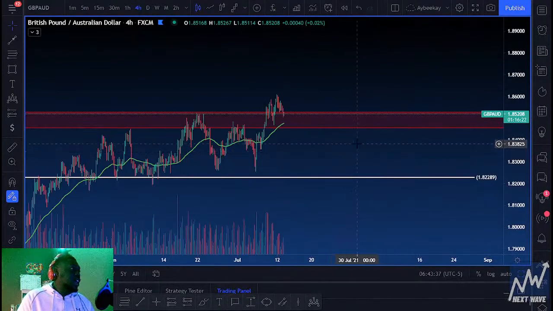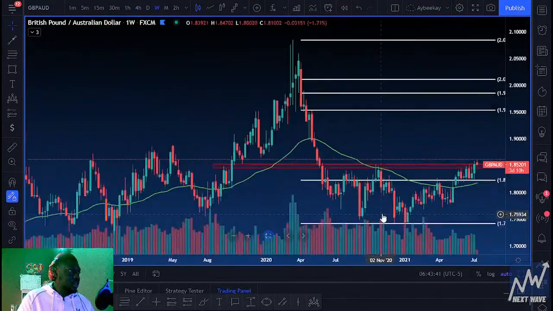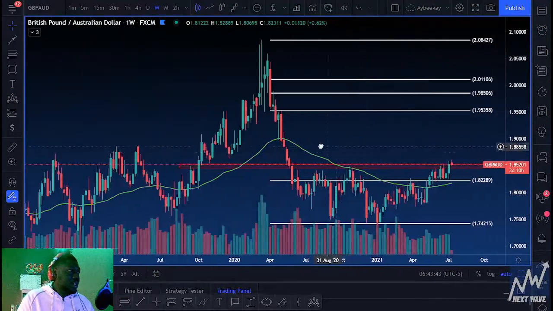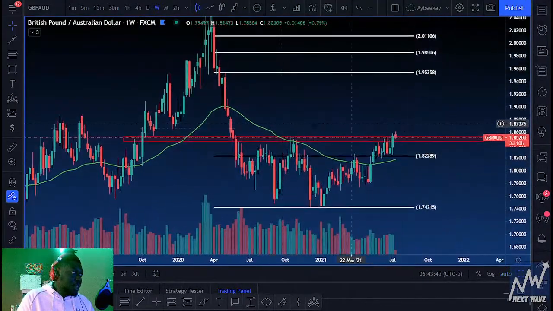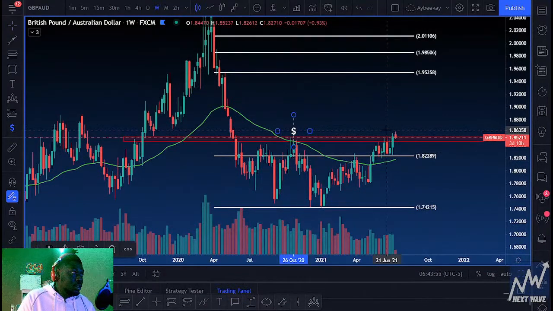But yeah, GA has came up over this demand zone, I mean supply zone. I need to talk about it on the weekly. All I could really see at this point is maybe possibly it comes and grabs some of that liquidity.